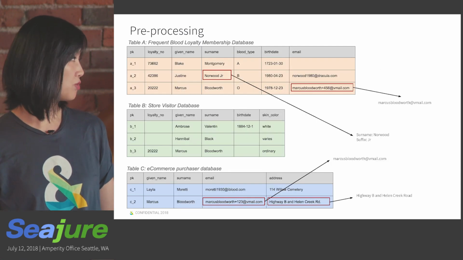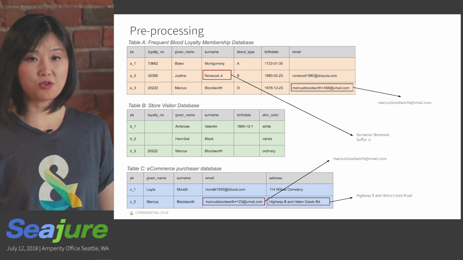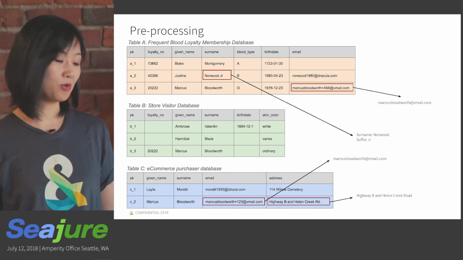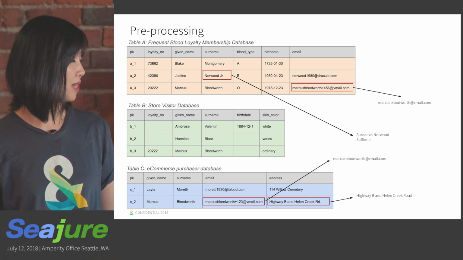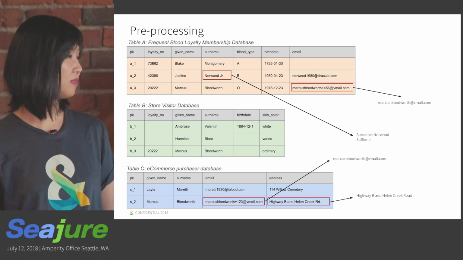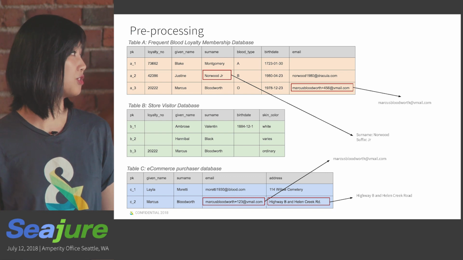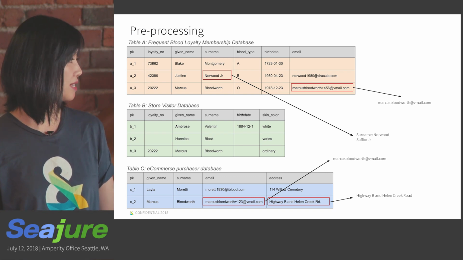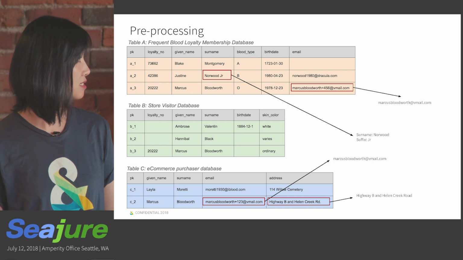So the first step is the pre-processing. It's very important to apply the entity matching technique on clean and normalized data. So we do some simple processing, for example, split the surname into surname and suffix, and also standardize and clean the email and address.